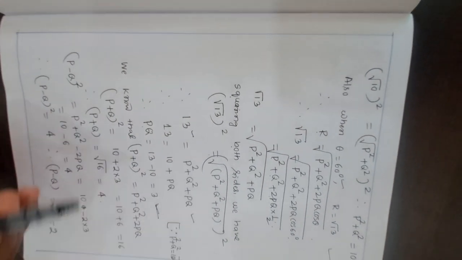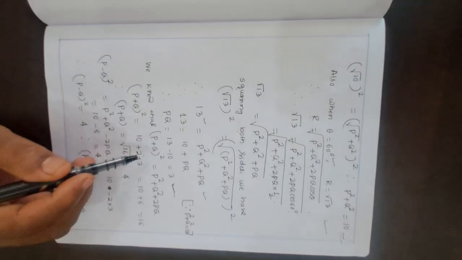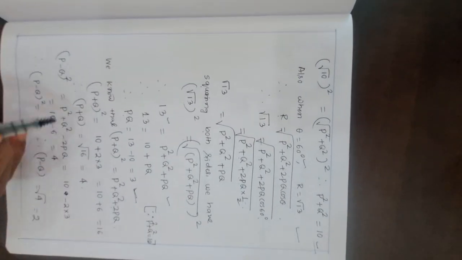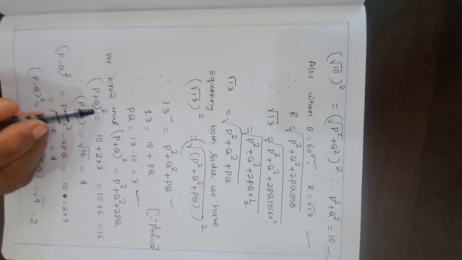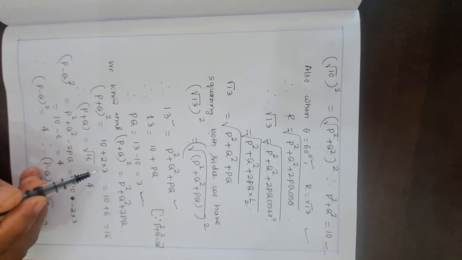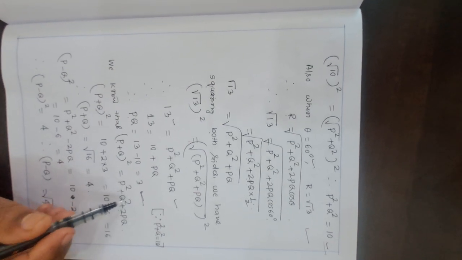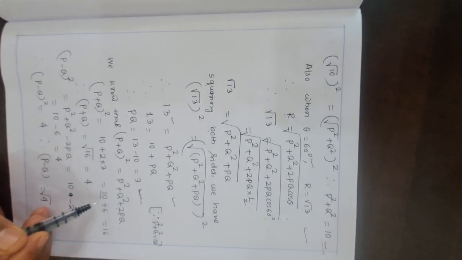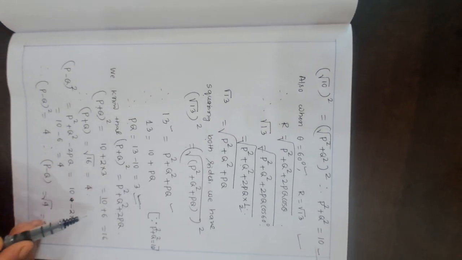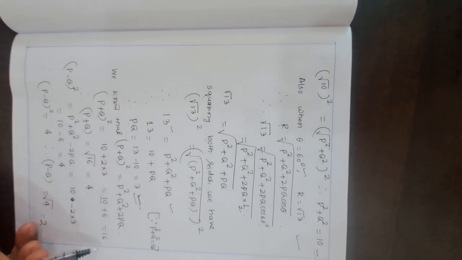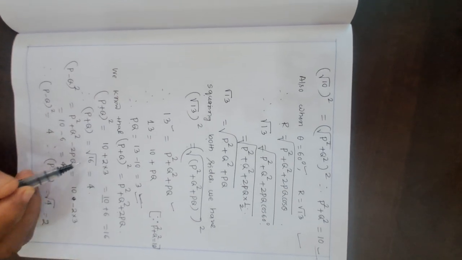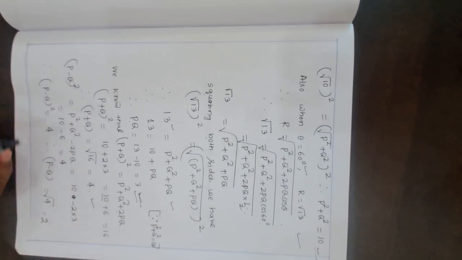We know that P plus Q whole square is P square plus Q square plus 2PQ, or P plus Q whole square is equal to 10 plus 2 into 3, because P square plus Q square is equal to 10 and PQ is equal to 3, which is equal to 16, or P plus Q is equal to root over 16, which is equal to 4.